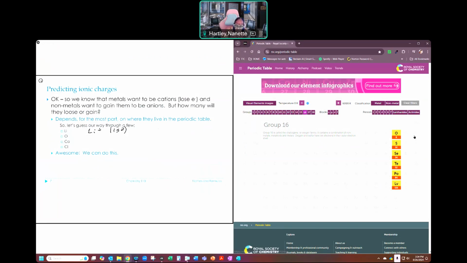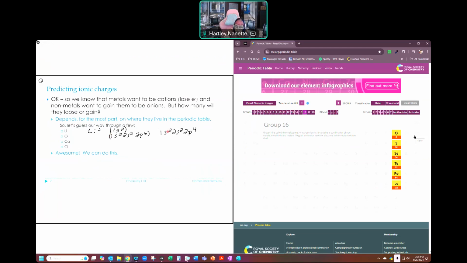Neon is going to have a 1s2, 2s2, 2p6 electron configuration. So that's what he wants. Remember that in his native state, he has 1s2, 2s2, 2p4.